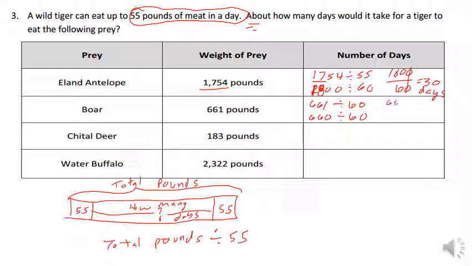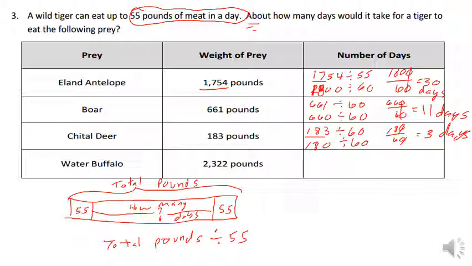And I can say 660 divided by 60, take out the zeros, 66 divided by 6 would be 11 days. Next one is 183 divided by, once again, it's 55, so we'd round it to 60. And if I rounded this to 200, it's not going to work, but 18 is a multiple of 6. So I'm going to go 180 divided by 60. Take out my zeros, I'm going to end up with 18 divided by 6, which equals 3 days.